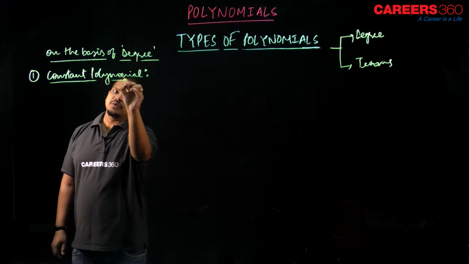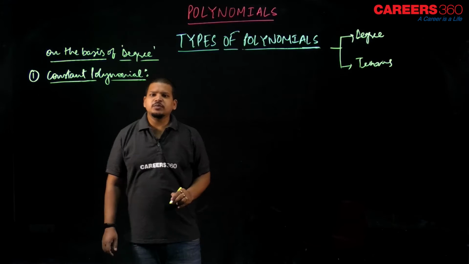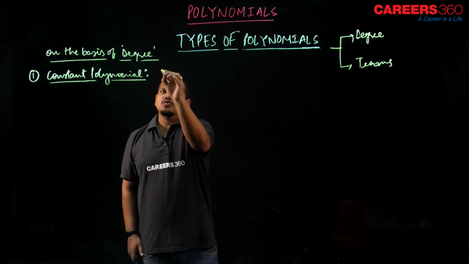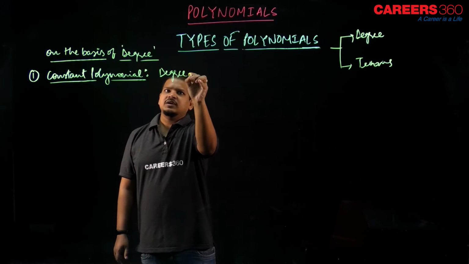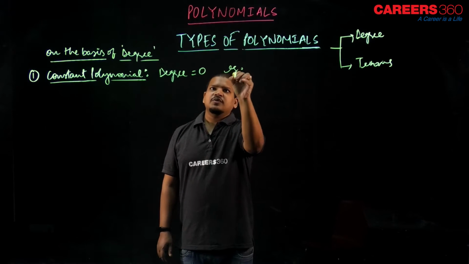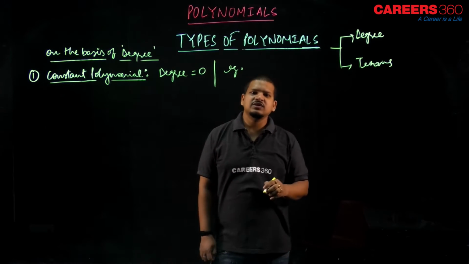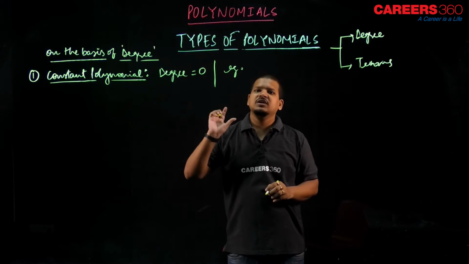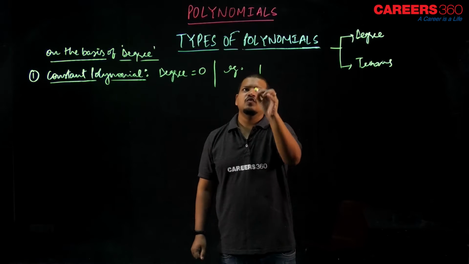Constant polynomial. Now constant polynomials are those whose degree is 0. And what are the terms which have degree 0? They will be nothing but only the constant. For example, 1.